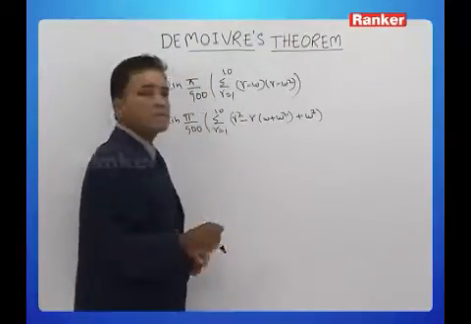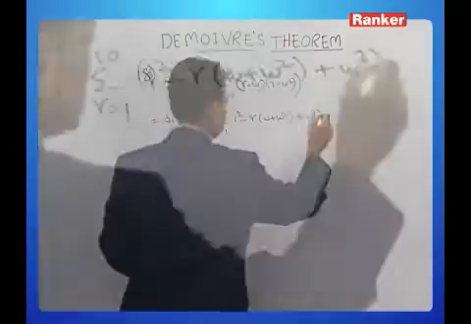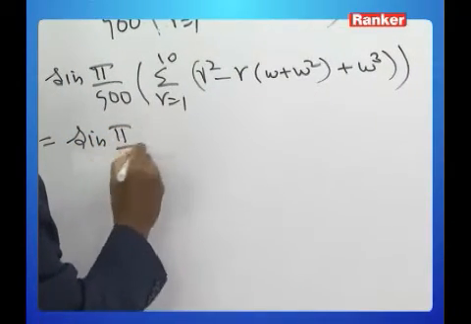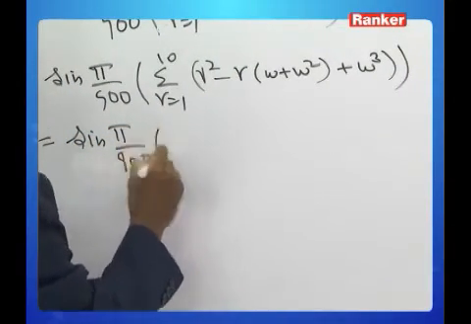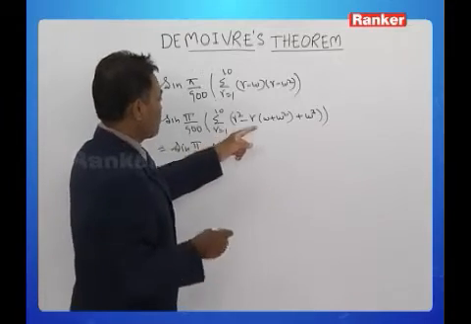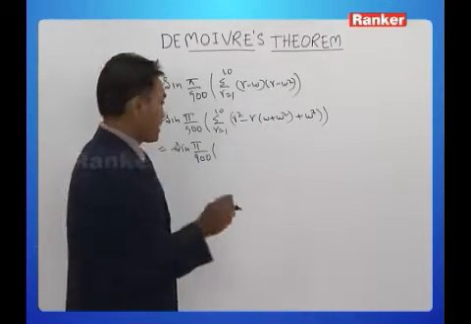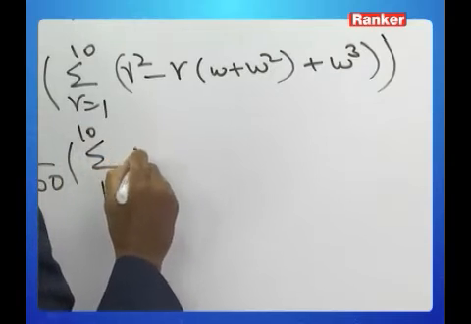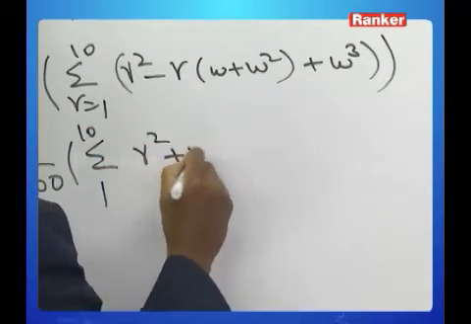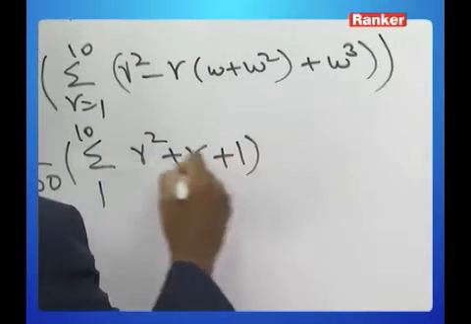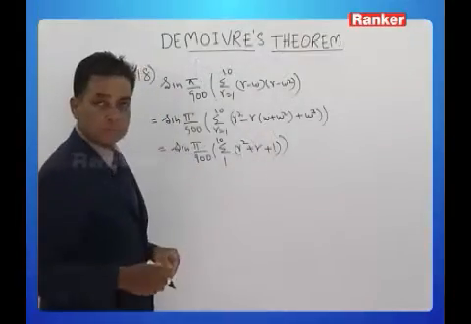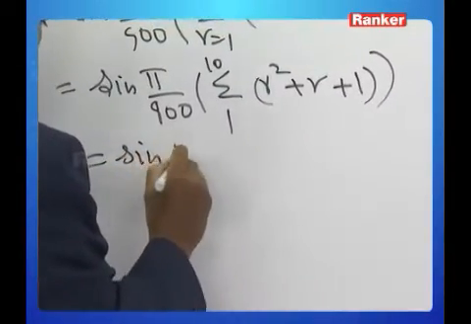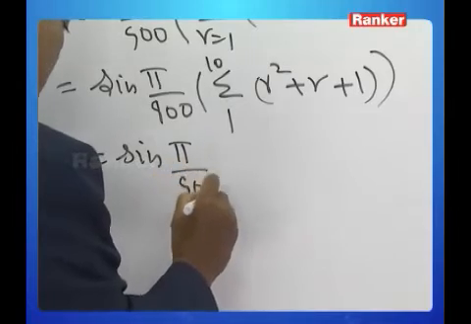For this we need sigma r from 1 to 10. Again sin pi by 900 into, if you apply omega plus omega square is minus 1, this becomes r and this is 1. If you apply sigma, tell me what is sigma of 10 squares?